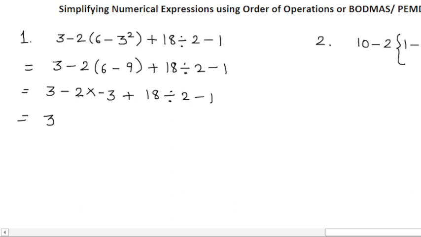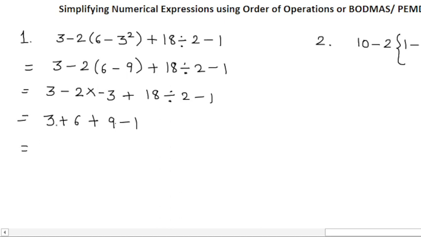What I have is negative 2 multiplied by negative 3, which, negative negative gets cancelled and you are left with a positive 6, plus 18 divided by 2 is 9 because 9 times 2 is 18, negative 1.